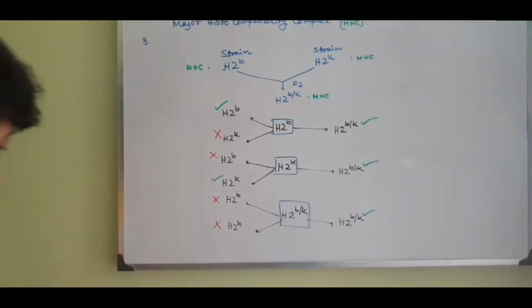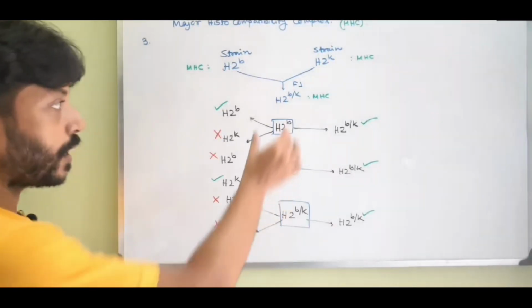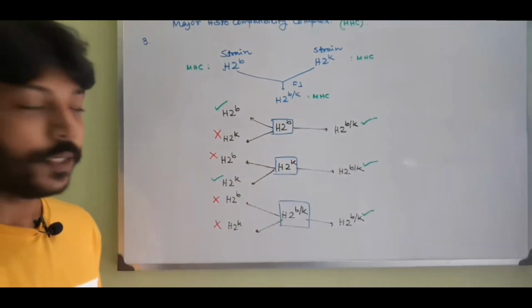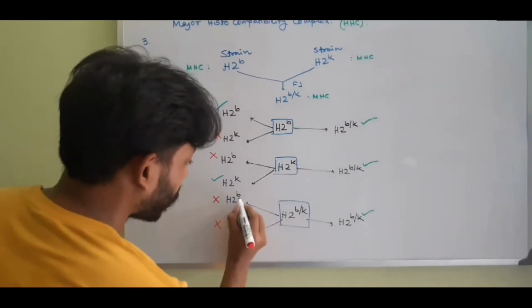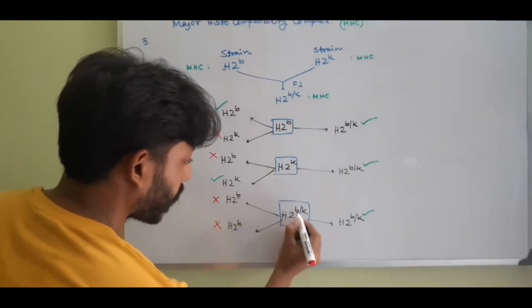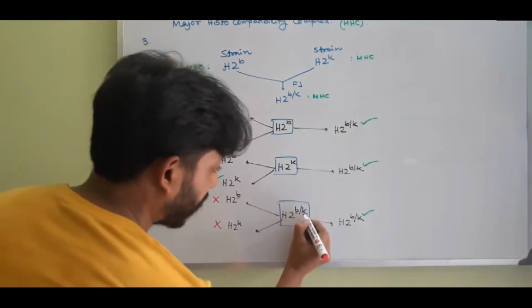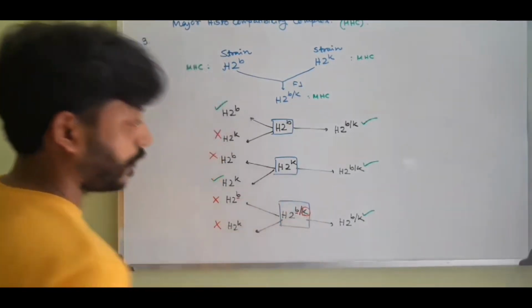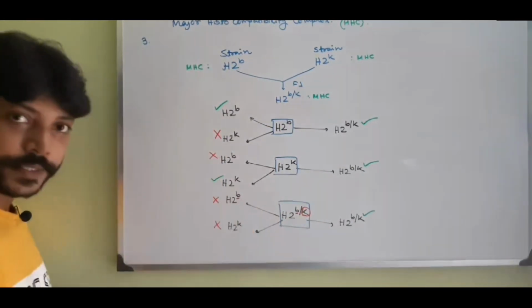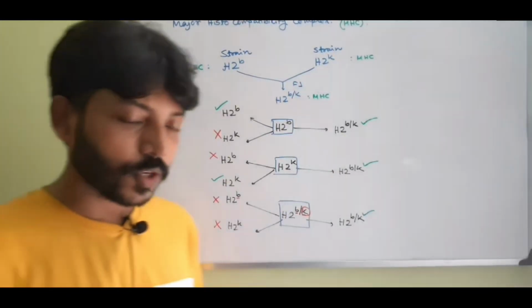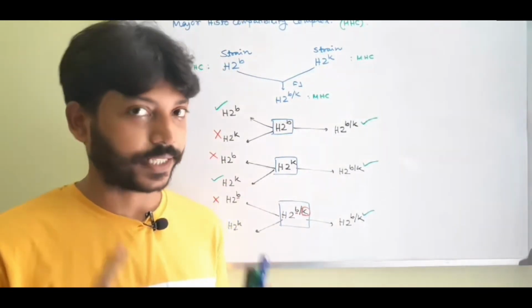So parental strains could not accept tissue from the F1 generation mice. Why? Because you can see here, these mice have H2B MHC, and these mice have H2B, so there is a similarity. But as these mice have H2K, a different MHC molecule that is not present in these mice, it is not accepted.